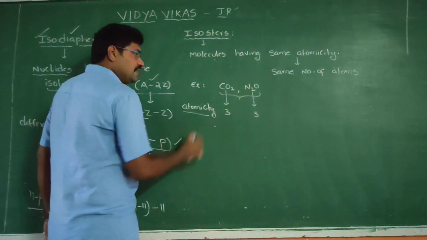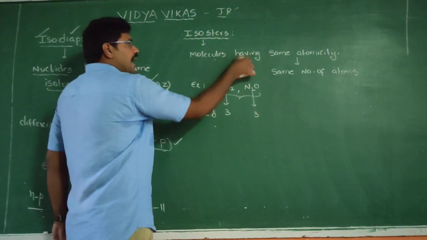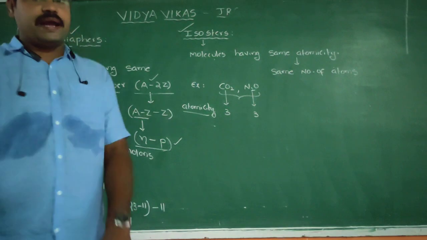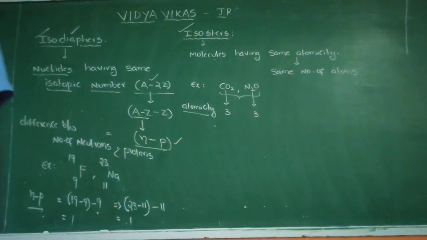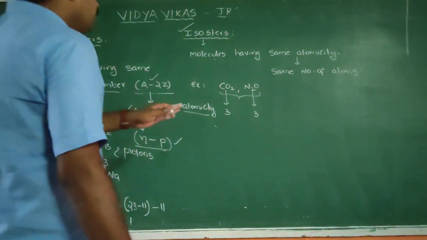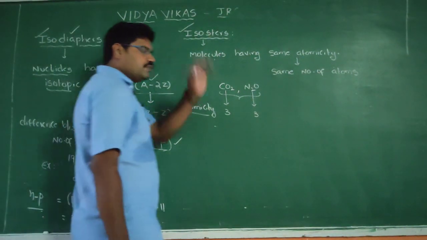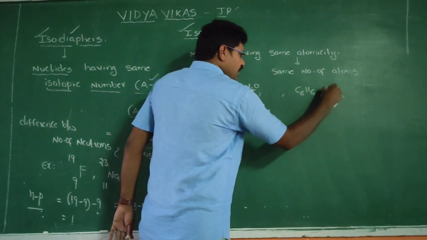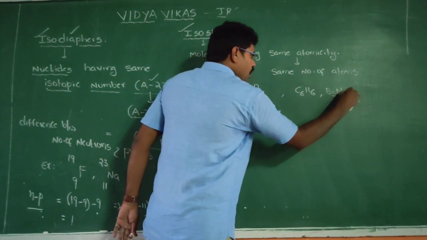Same atomicity. So the molecules which have the same atomicity, we call them isostats. Keep in mind, same atomicity means, dear students, the same number of atoms.